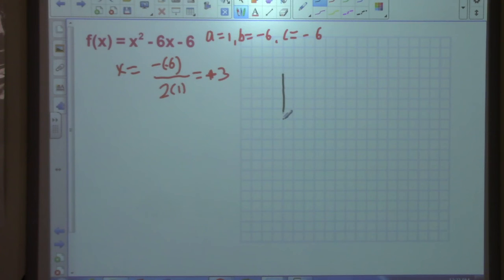So we can go ahead. Do we already have a y-intercept? Yes, negative 6. So we know negative 6 is going to be part of the deal here.